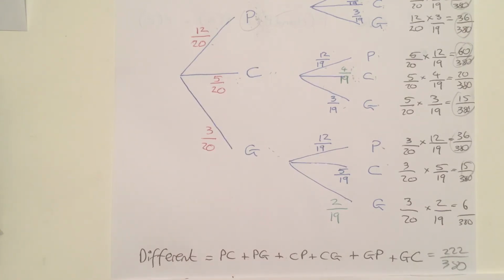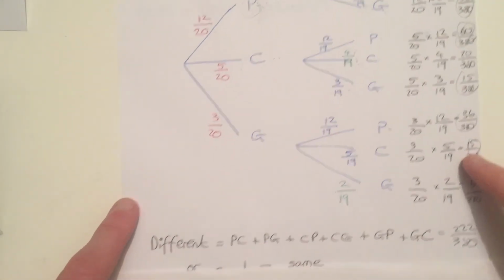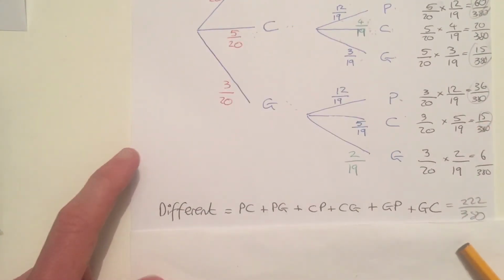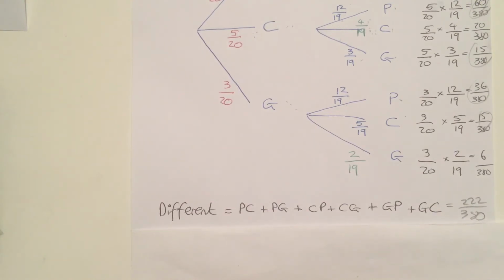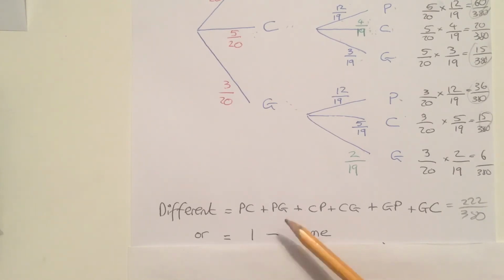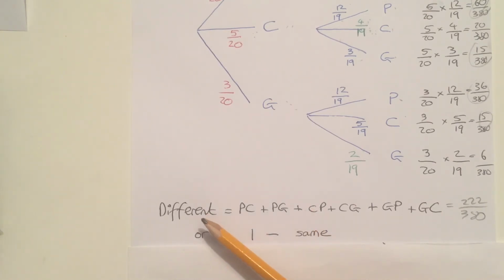But there is a slightly more efficient way I could have done that. Instead of working out all the different ones, what I could have done is 1, take away the probabilities that they were all the same. That will be the same thing as working out the probability that they're both different.